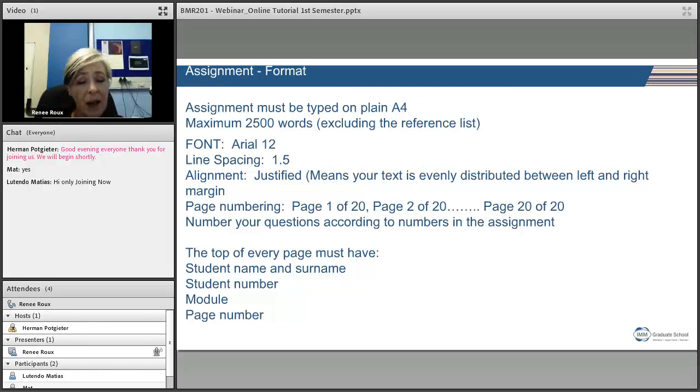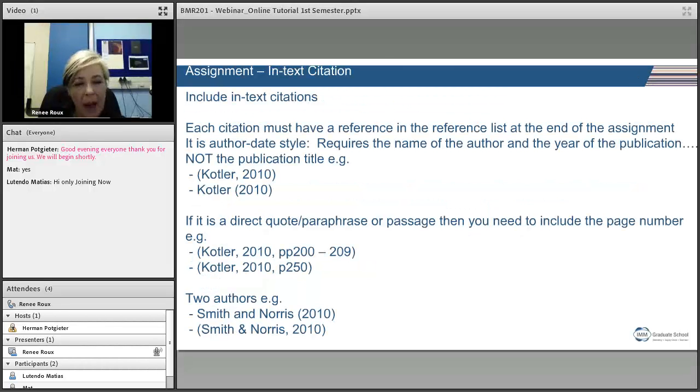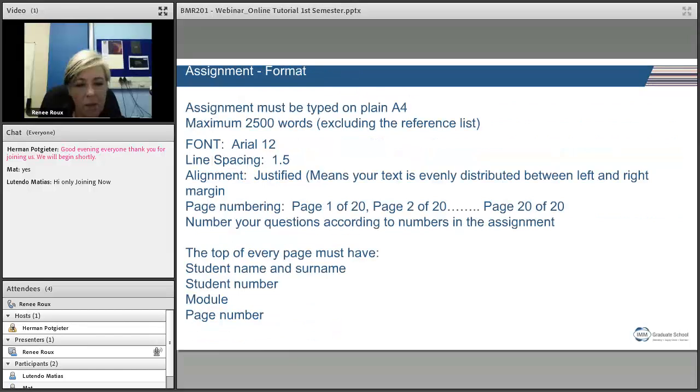And then on every page, make sure that there is your name, your surname, your student number, the module number, and the page number. And remember, the page number, I just want to go back. The page number, I have it at the top as well.